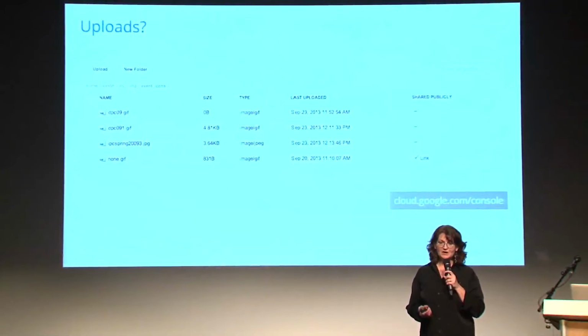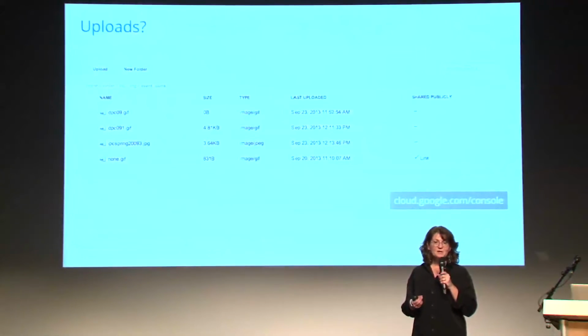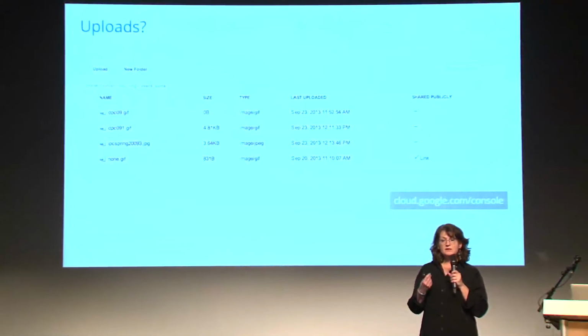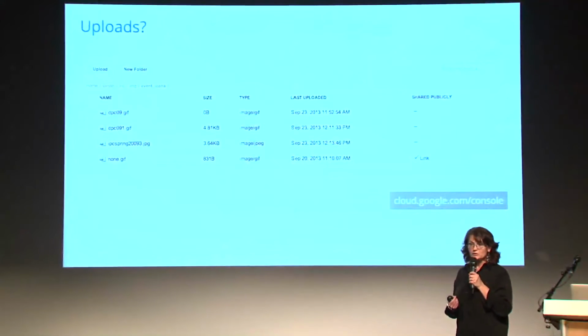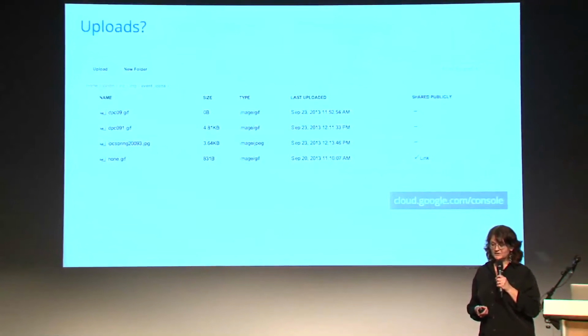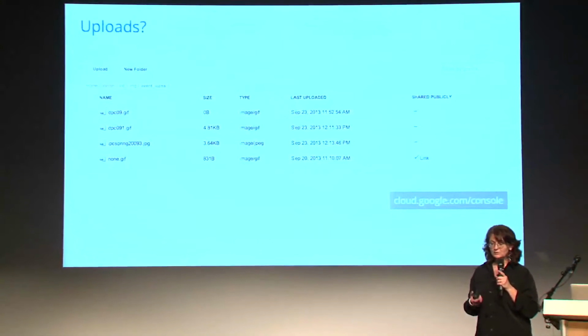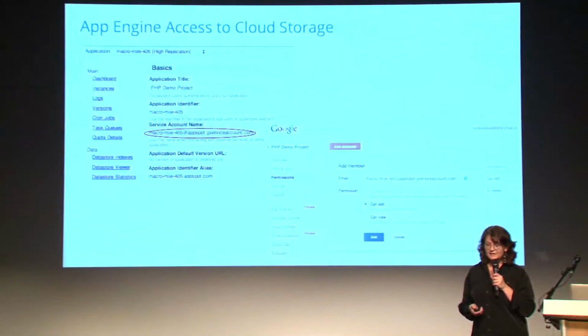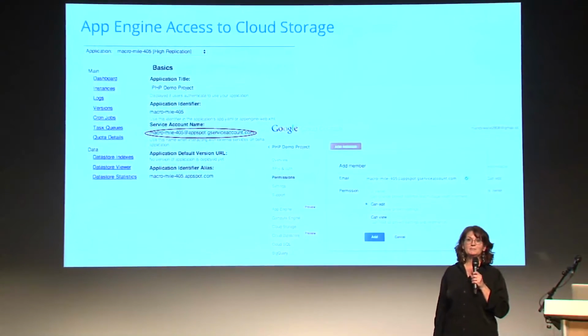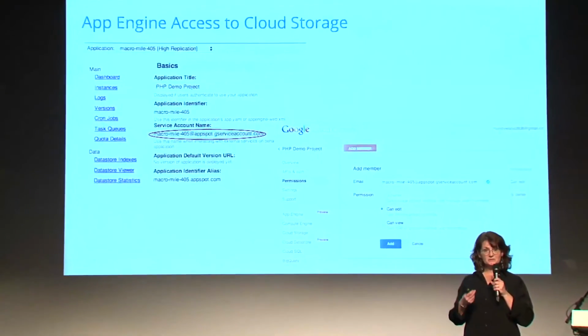But first, let's talk about how you set things up on the project end. What you need to do is define a bucket that you're going to use for your app. So this is a screenshot of the web UI of a particular bucket in cloud storage. You access this through your project cloud console. So we've defined a bucket. And then, similarly to Cloud SQL, we need to configure our App Engine app to be able to talk to it.